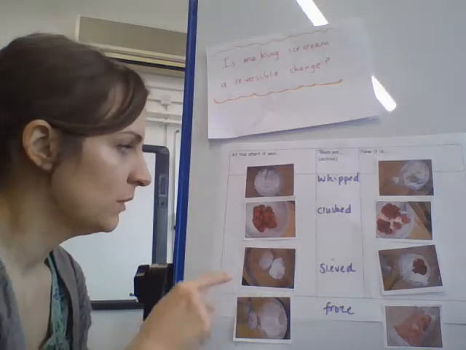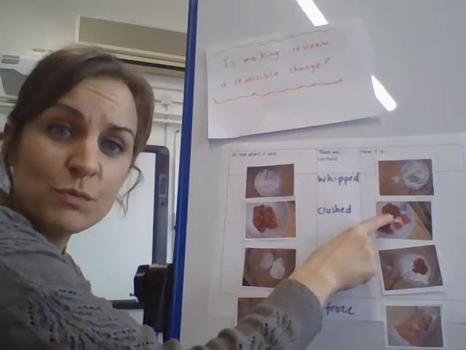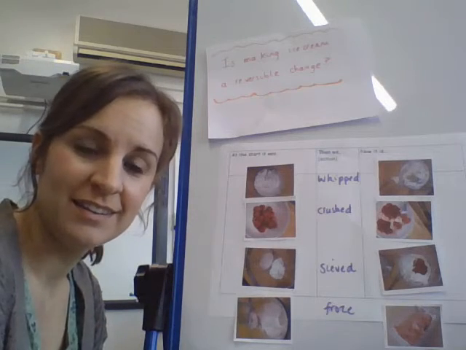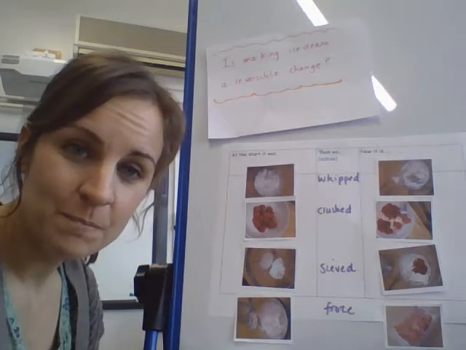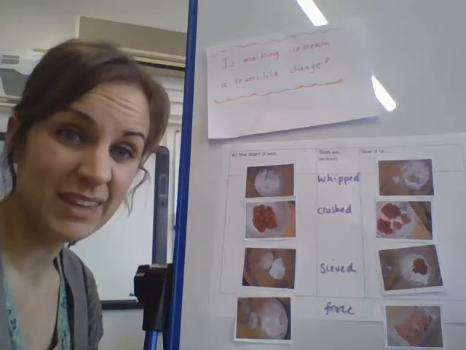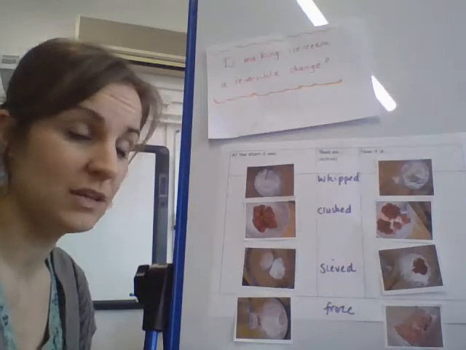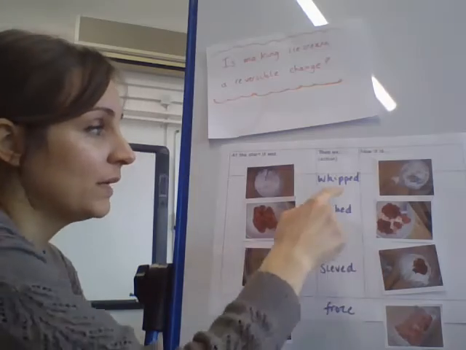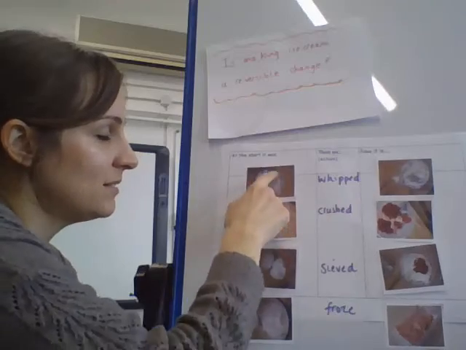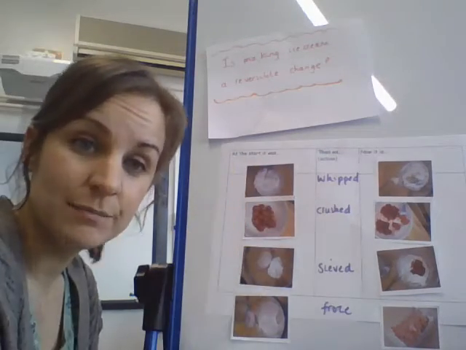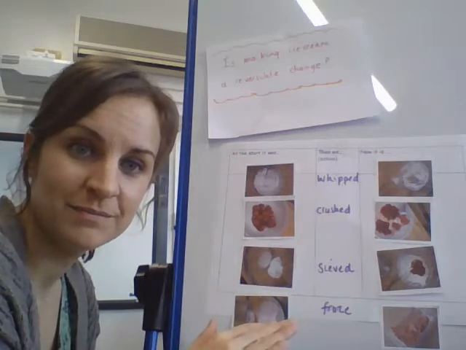No. Could we take this raspberry mush and squash it back into these individual berries? No. So this part isn't reversible. That's irreversible. That's permanent. You can't get the raspberries back to what they were at the start. We can't get the cream back to the right colour, without the icing sugar all mixed in, because the icing sugar has disappeared.